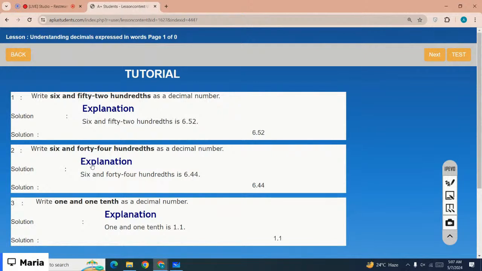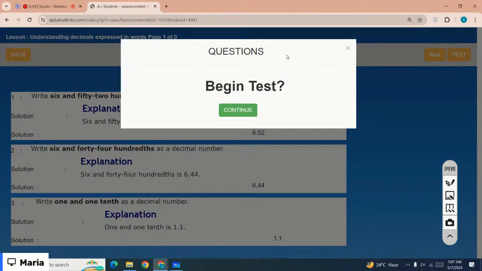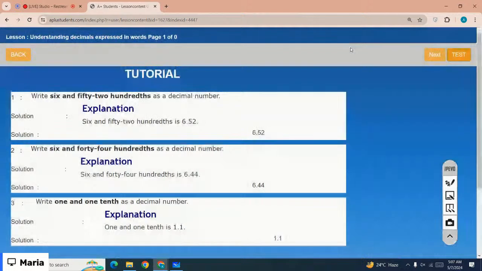So you are given the decimals in words. You have to understand them and write them as a decimal number, right? 6 and 52 hundredths. The number before 'and' is the whole number, right? So 6 is the whole number, and 52 hundredths means the 52 is at the hundredths position, so that is 6.52, right?